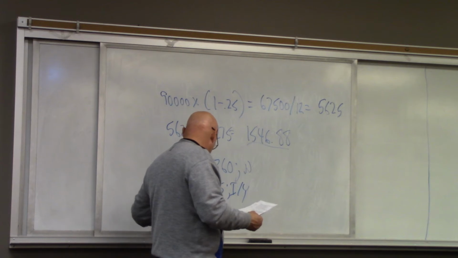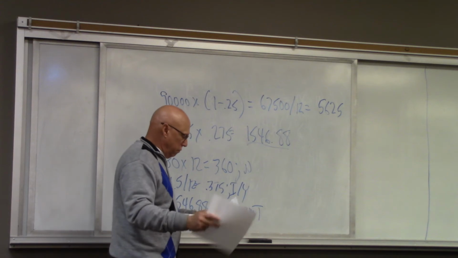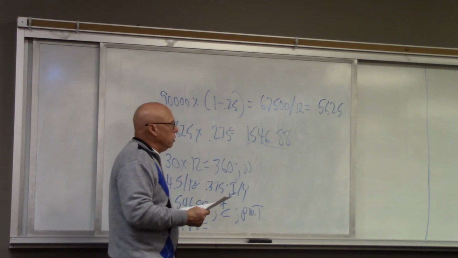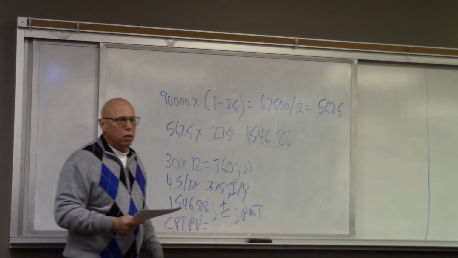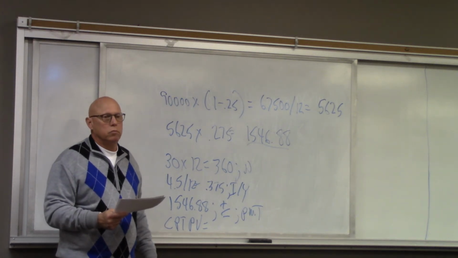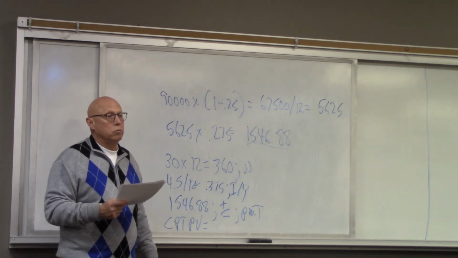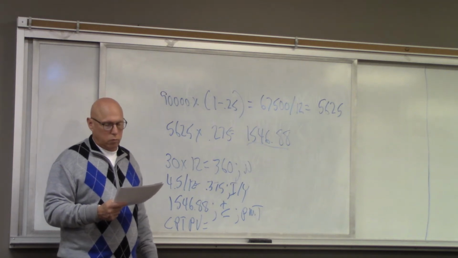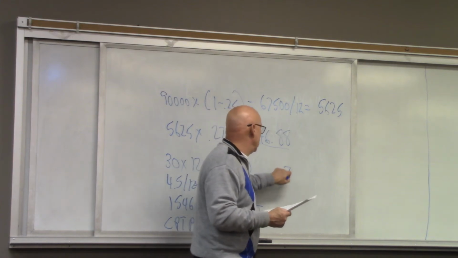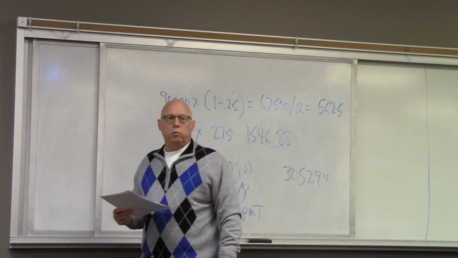Compute present value, not future value. And what do you get? $305,294. Exactly. 305,294. That's how much the bank's going to loan you.